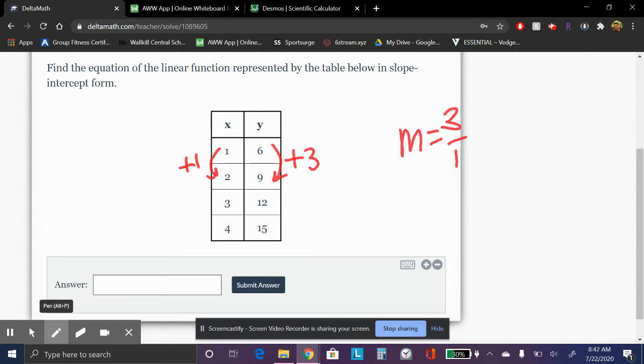Now, to figure out what our b is, there's a couple ways you could do it. I can show you the formulaic way, which will be useful when it's not as easy to predict what the b value is by looking at the trend in the table. So the formulaic way looks like this. You have y equals mx plus b.